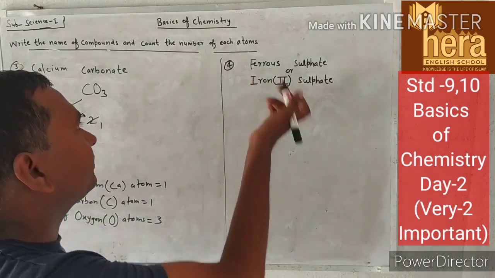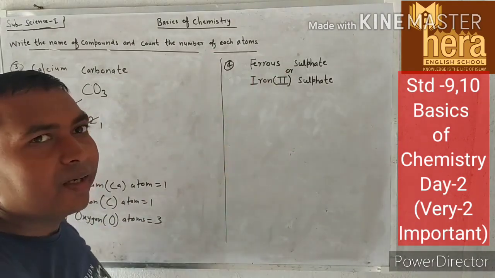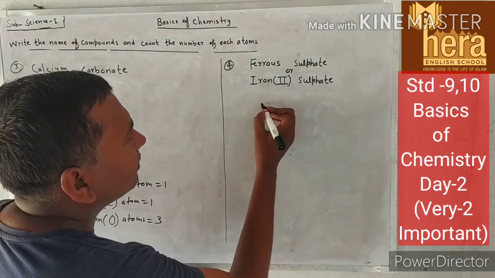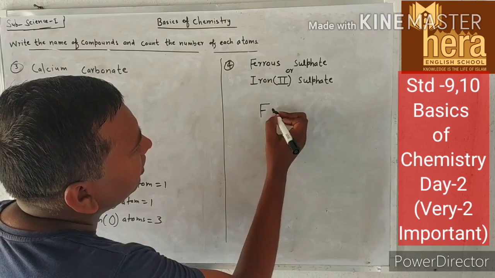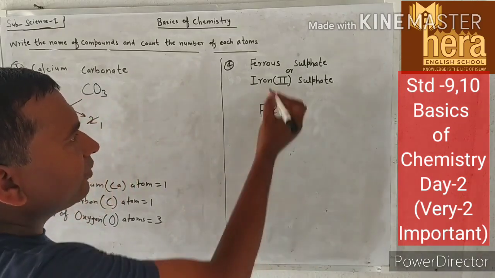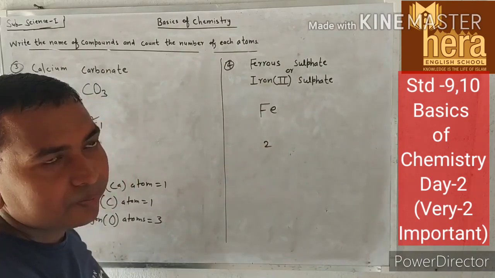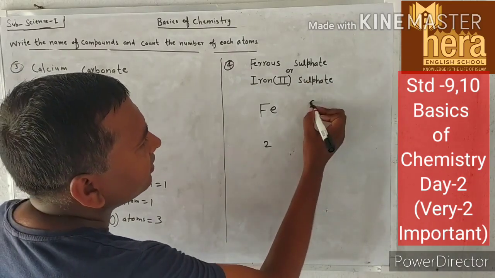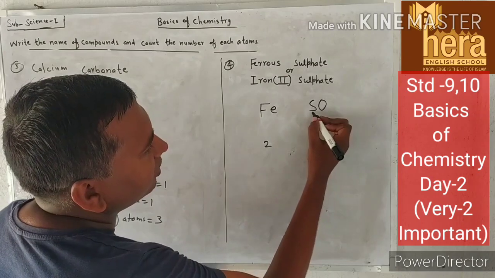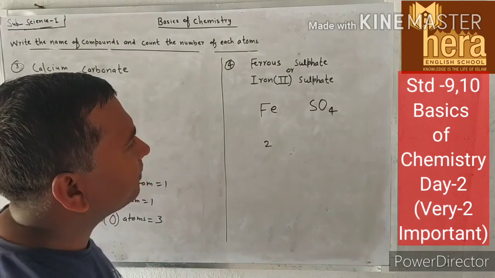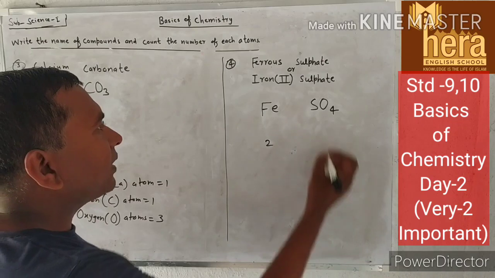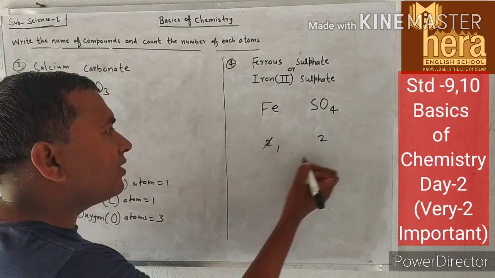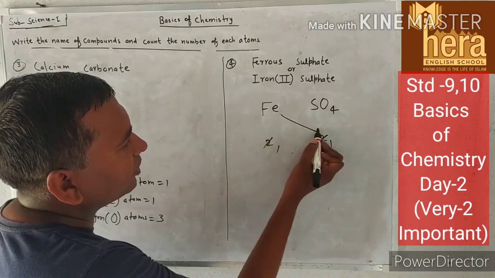So ferrous, again in table number 3. Symbol Fe. Valency 2. Sulfate. Symbol S, capital O, 4. Its valency again 2. The 2 and 2 are cross multiplication.